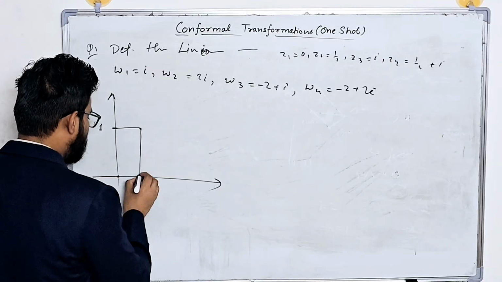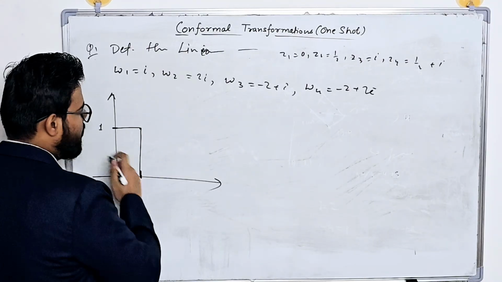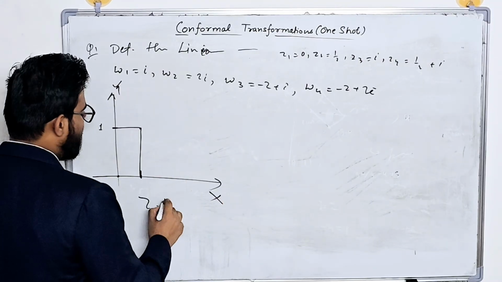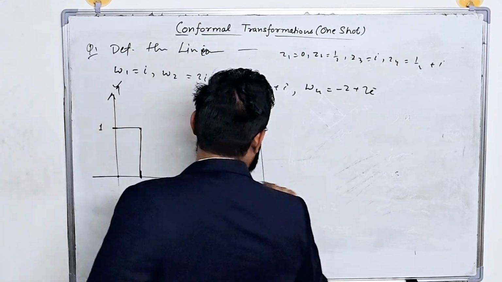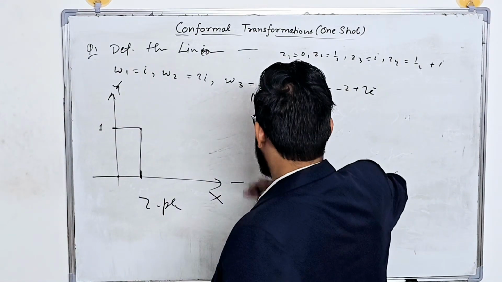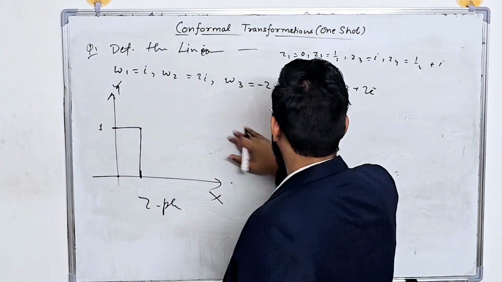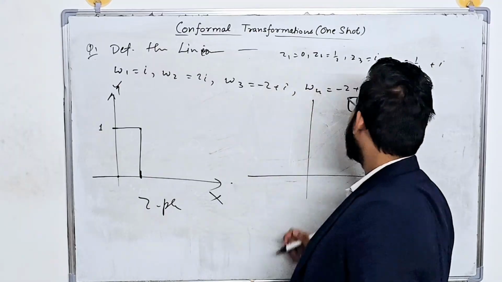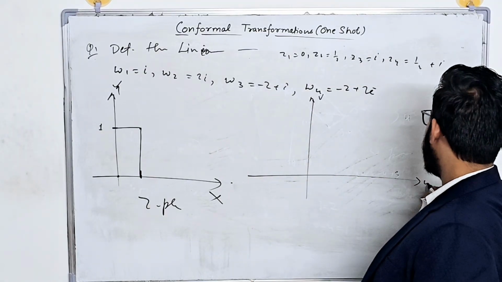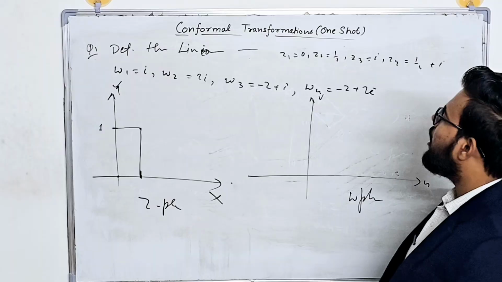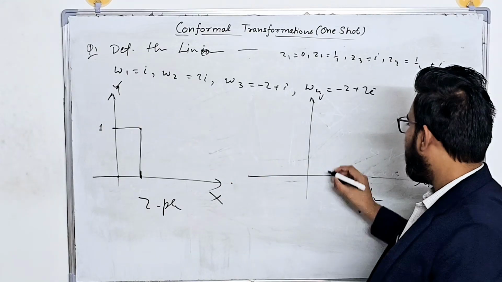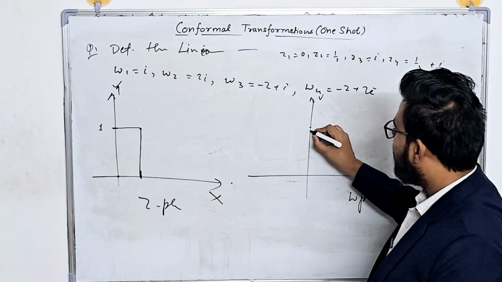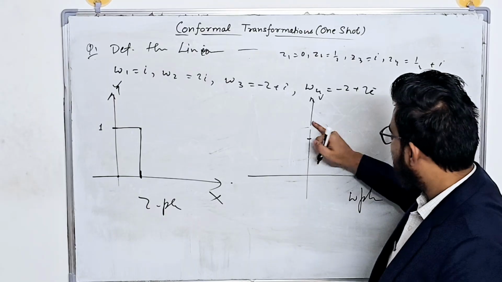So this is basically the curve which we are given in the xy plane or z plane, right? And now the w plane. Let me draw it like this. Yeah, this is v, this is u, this is the w plane, right? So we are given w1 is equal to i, that is over here, right?